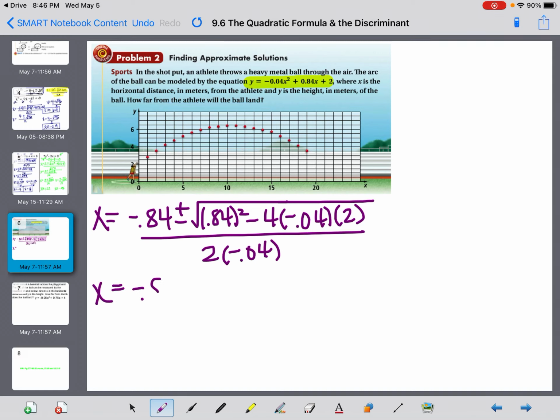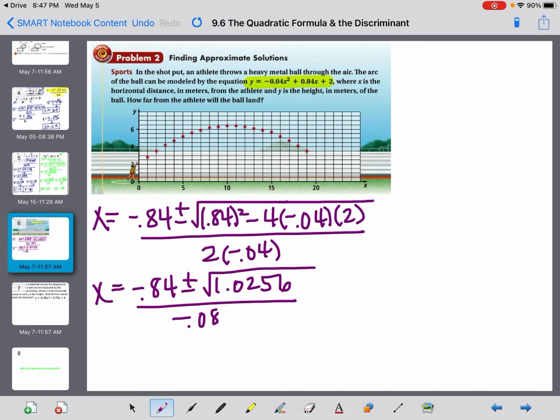All right, when I do the math underneath the square root symbol, it leads me to 1.0256. And 2 times negative 0.04 is negative 0.08.